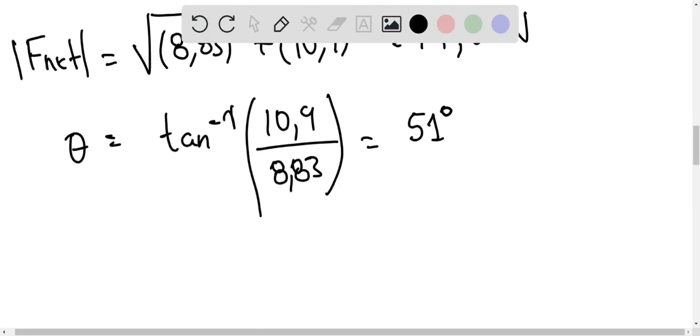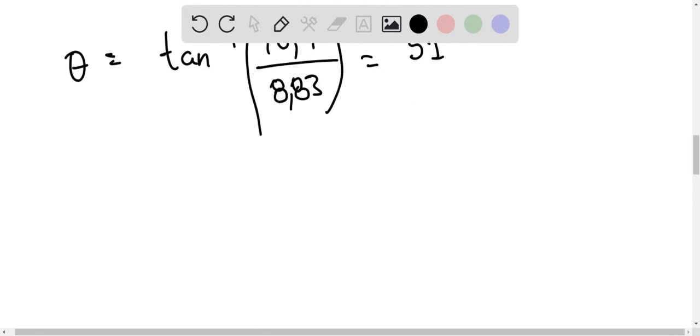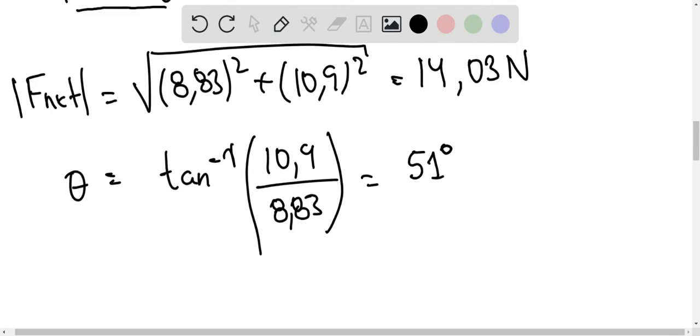So we obtain the net force and the angle with respect to the positive x-axis.